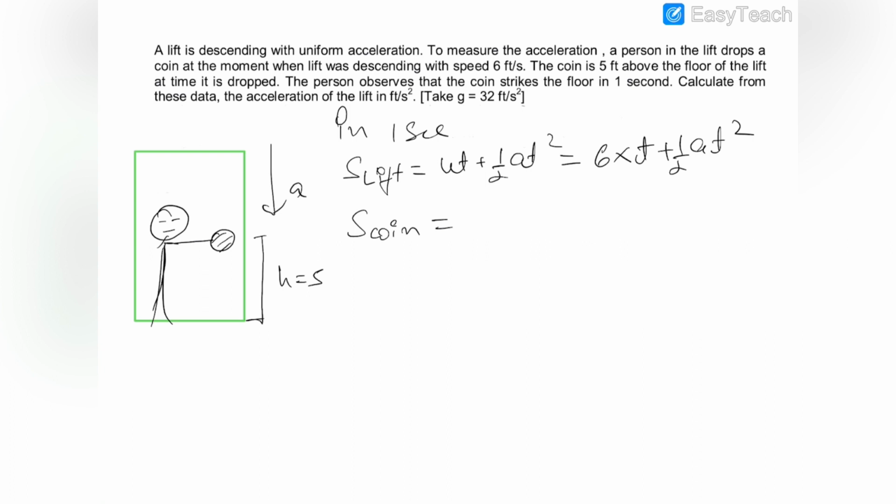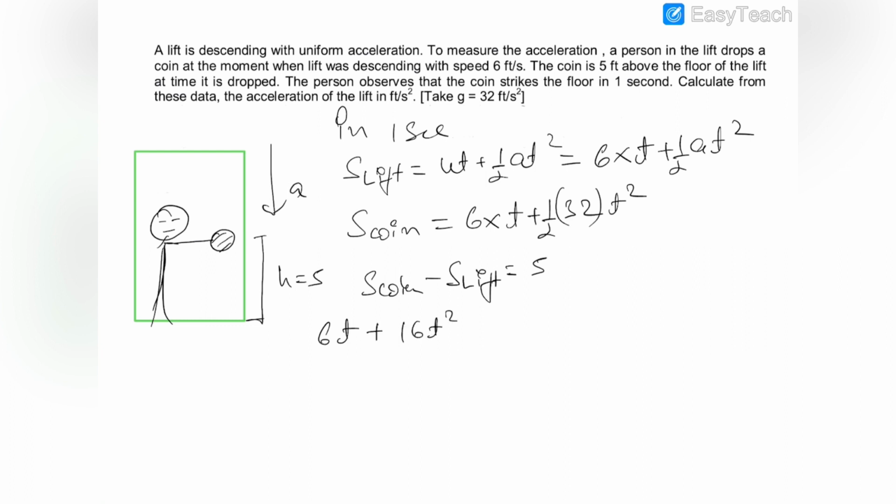So this is u, which is 6, and time is t plus half acceleration of coin, which is 32, which is g, and t square. So we can see that s coin minus s lift is equal to 5 feet. So s coin is 6t plus 16t square, minus 6t, and minus half at square, and this is equal to 5.